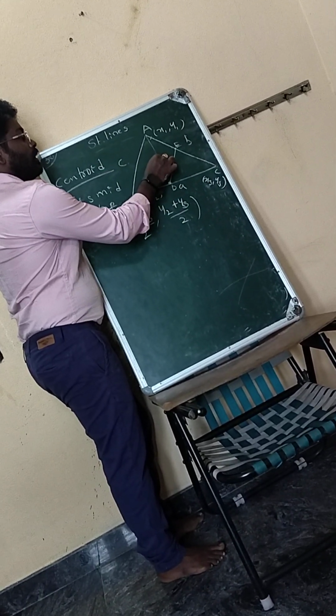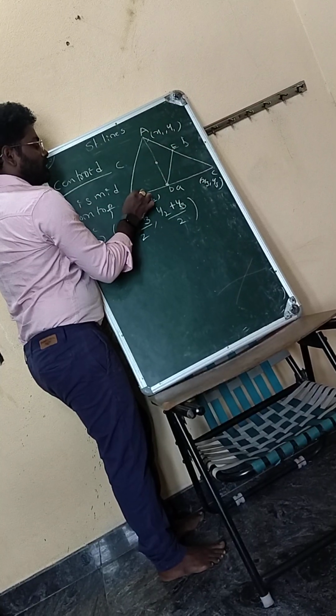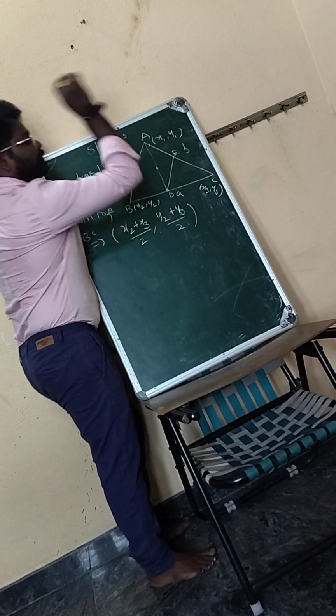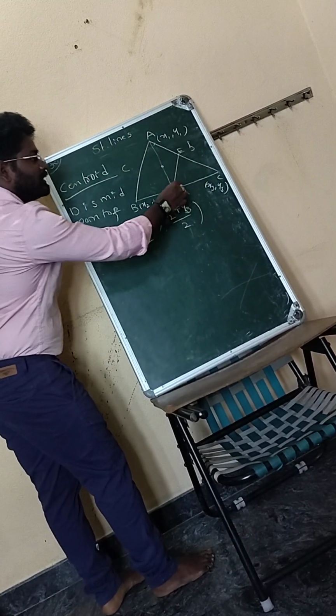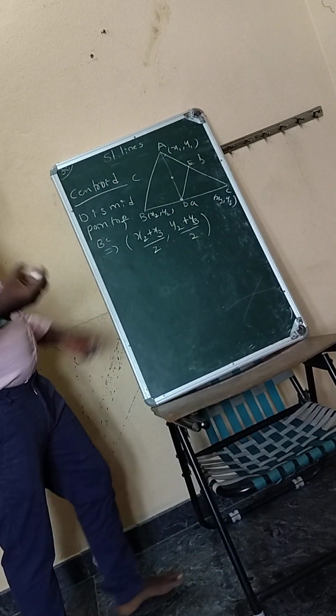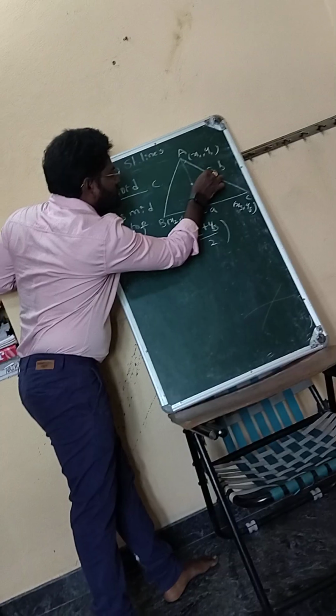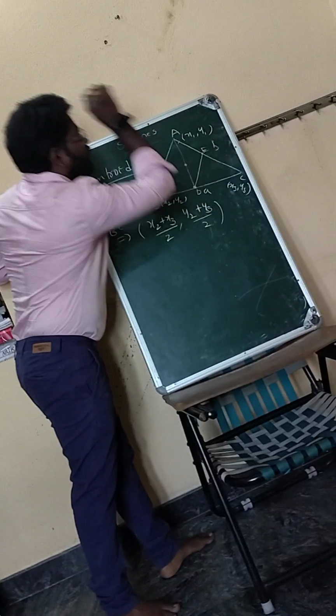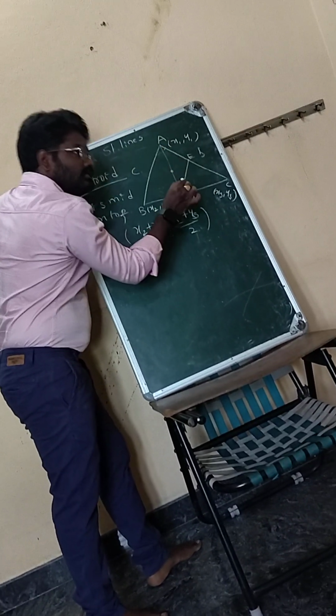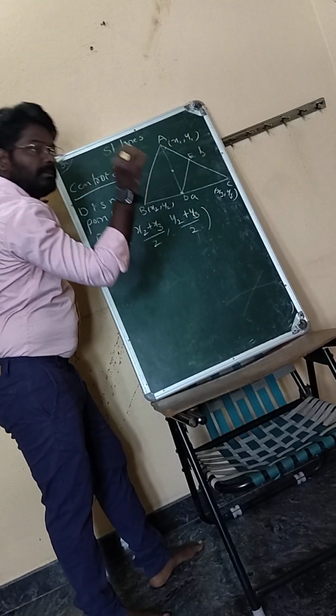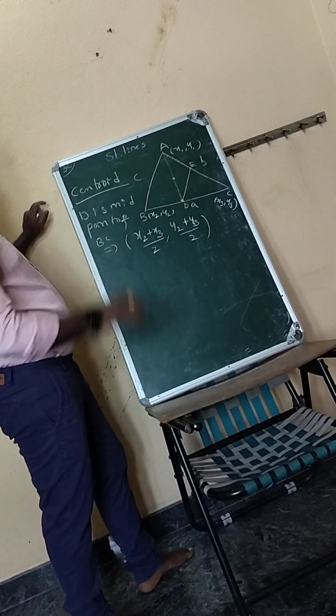Centroid meaning: the medians' midpoint meeting point. Medians' midpoint means this is also a midpoint, these are medians, and this is the centroid. Centroid means the medians' meeting point.